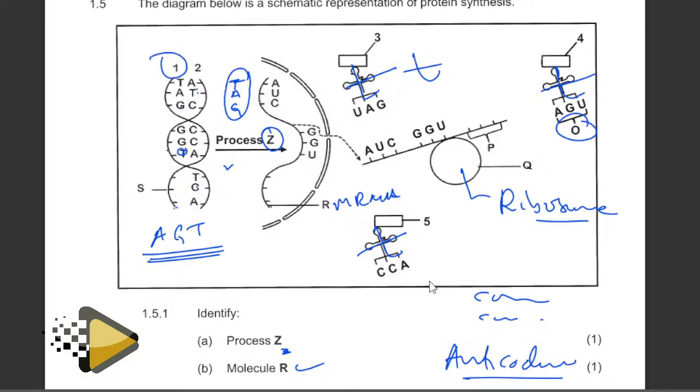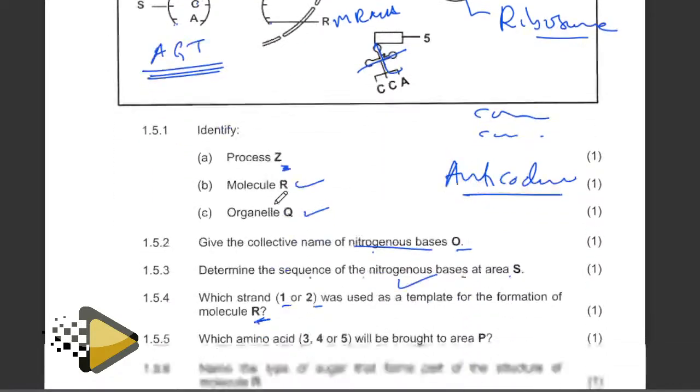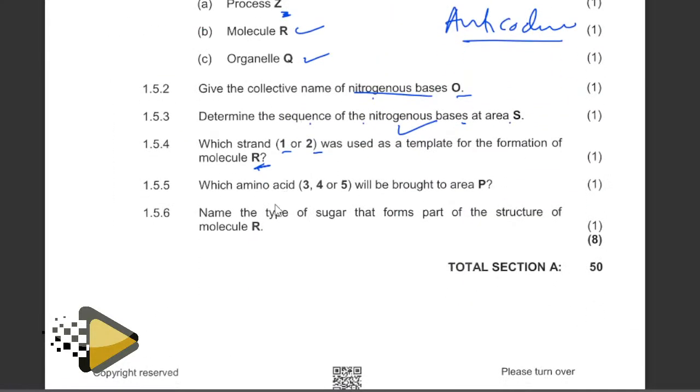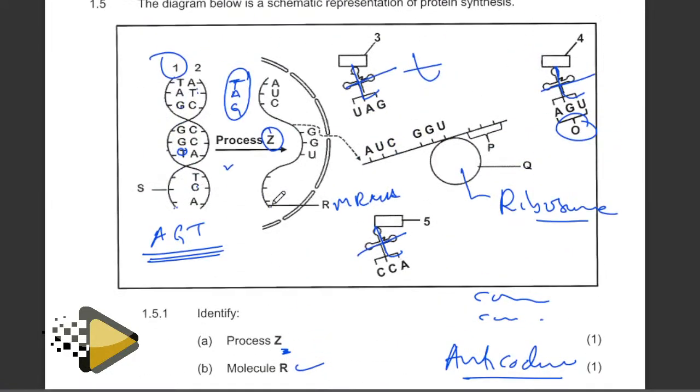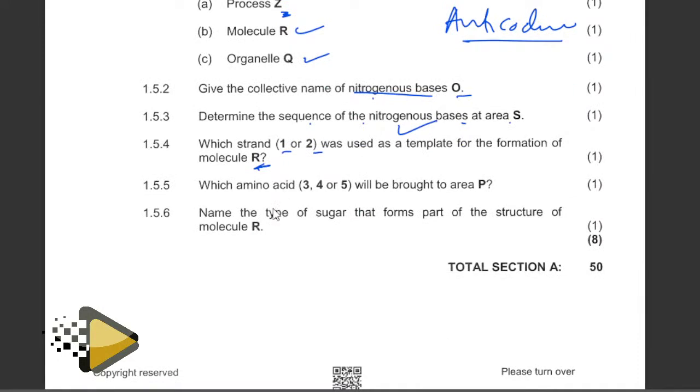So strand 1 is the one used as a template so that this can be formed. Some people may have written strand 2 because this thing is facing that side, but that's just a confusion. All right, so the answer here is strand 1.